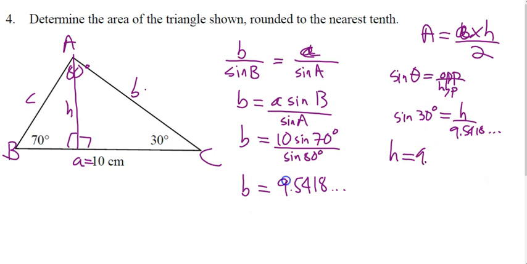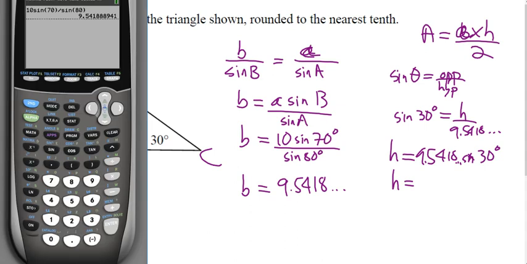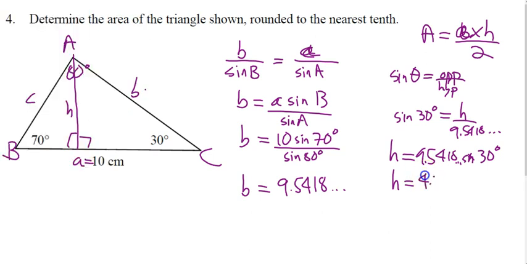So I know it's like 4.7-ish. Nothing gets rounded. I've got the number 9.54 sitting in my calculator, so I'm just going to go times sine 30, which is times a half. 4.77, and more.